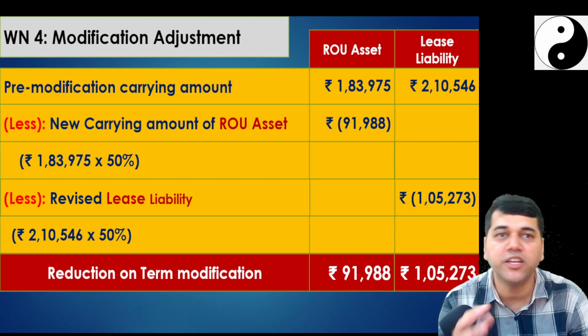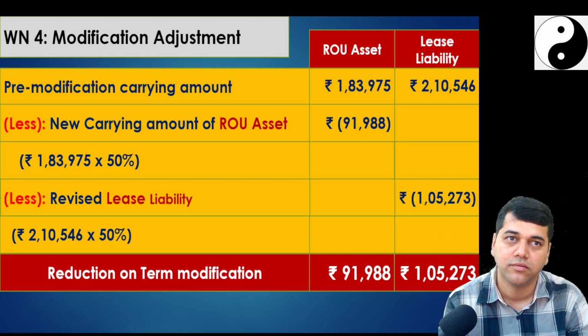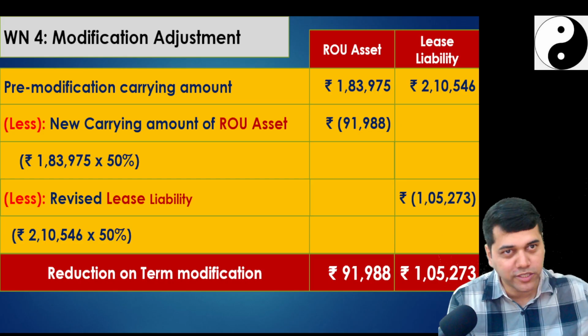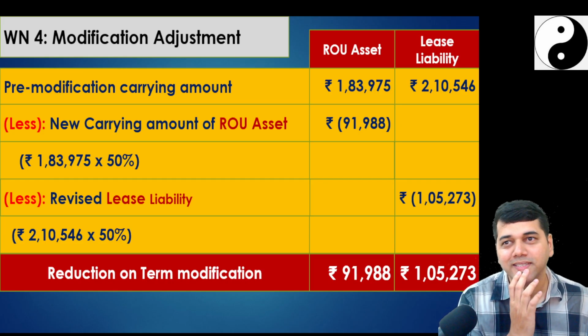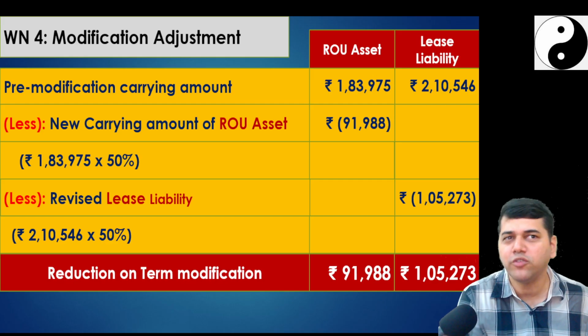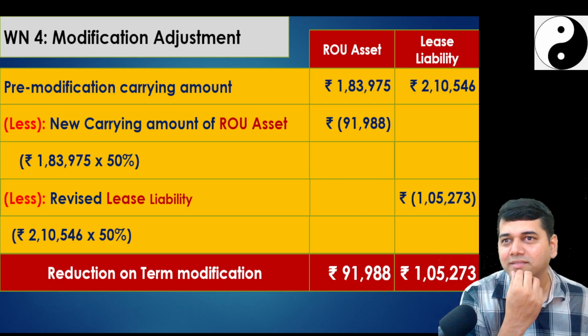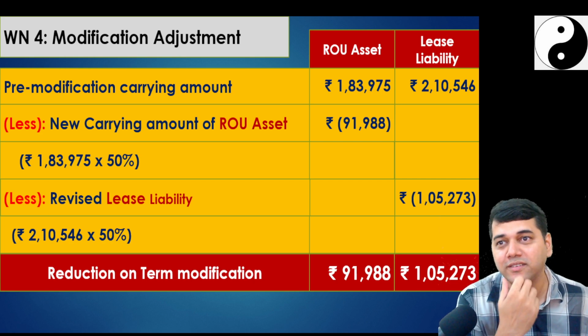And in this process, did I make a gain or loss? When reducing proportion at 50%, did I make a gain or loss? I told you, no, if in confusion, look at the journal entry. Or apply your commercial common sense.